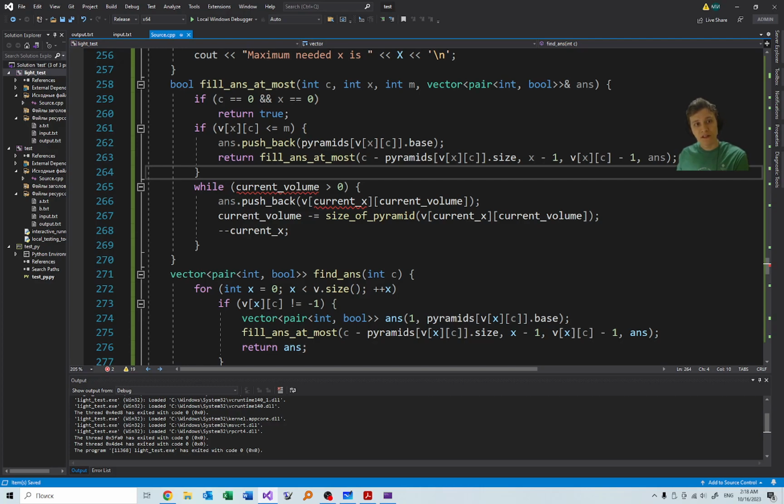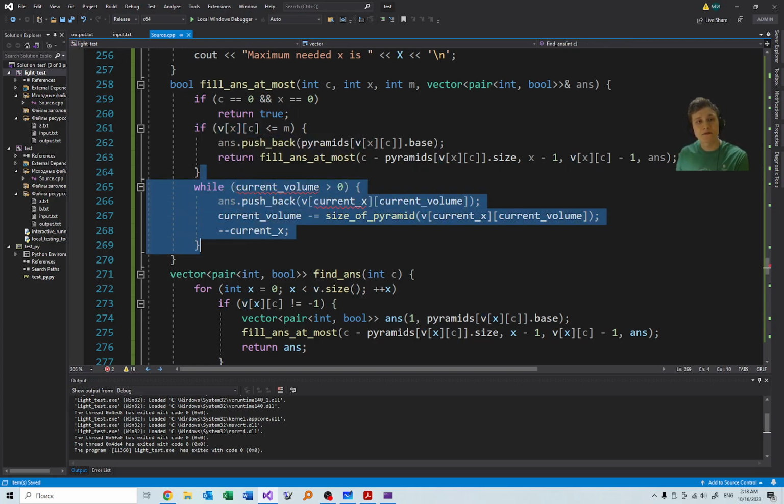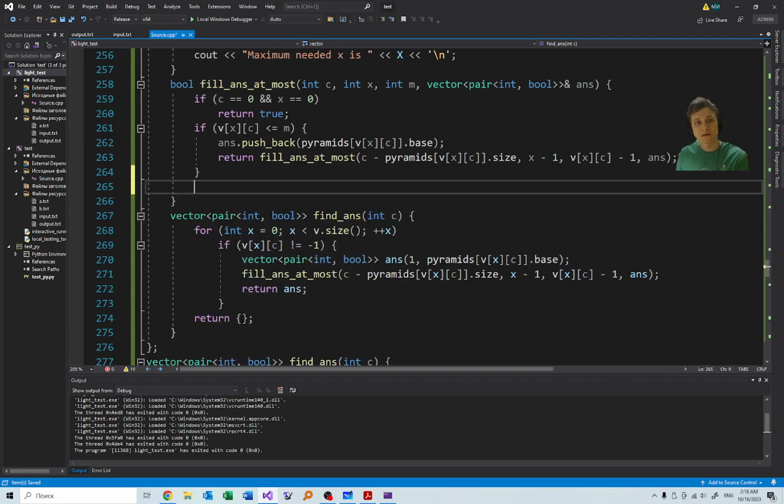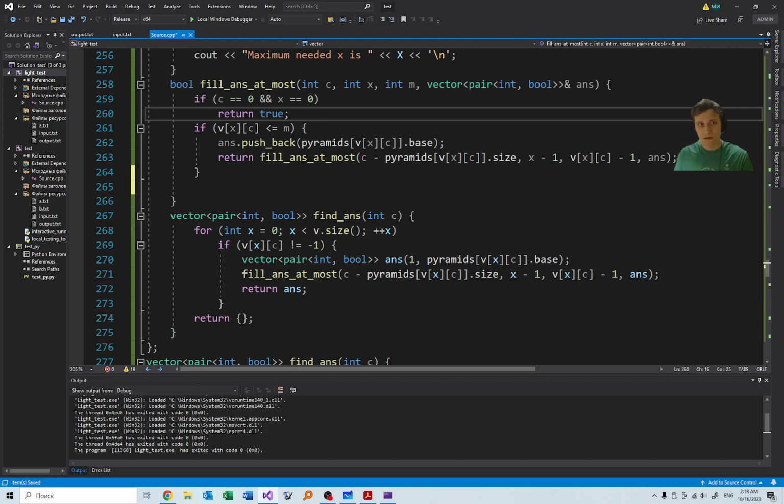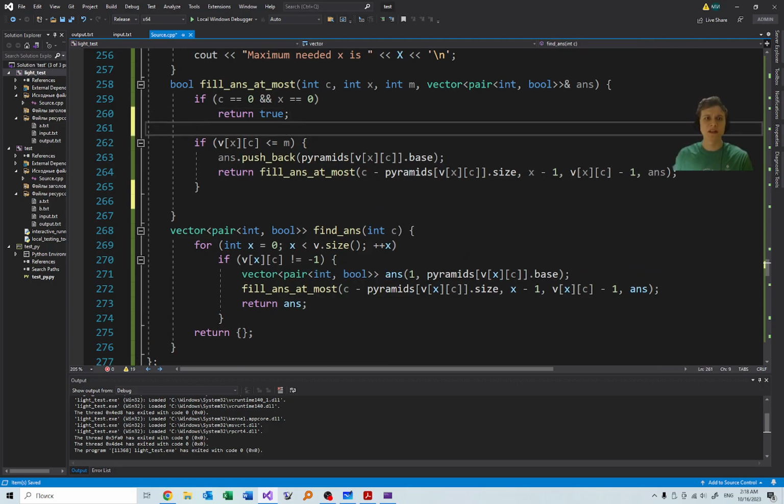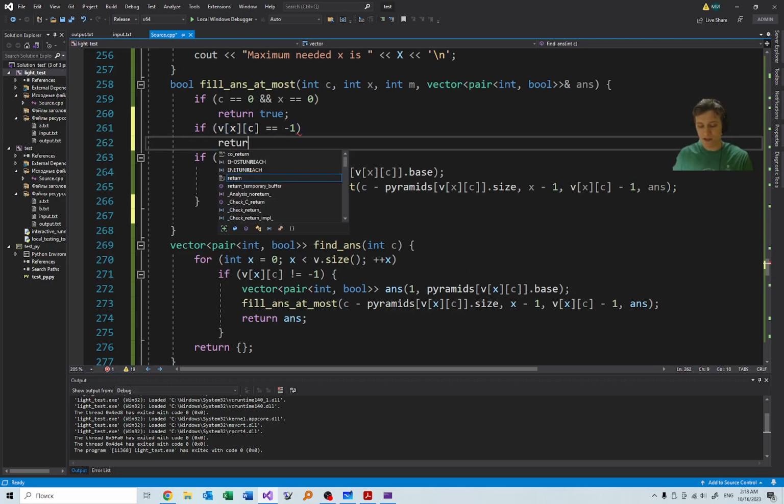So what if this is not true? This means that, sadly enough, we have to iterate. So I can also say, let me think, if vxc actually equals -1, then return false, because this is impossible.